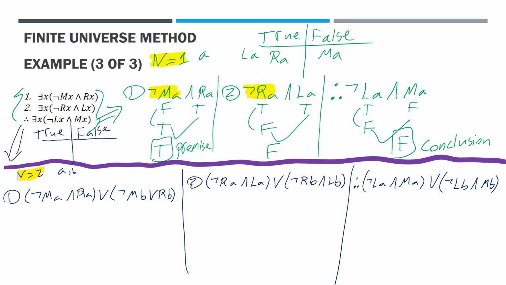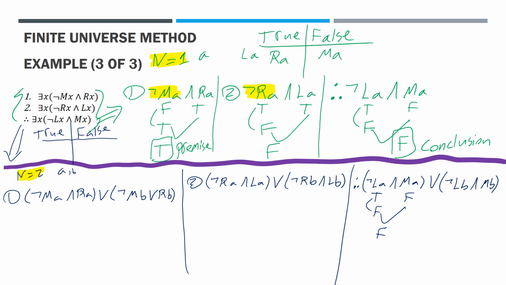We want that conclusion to be false, so let's try LA as true and MA as false. Because this is a disjunction, both options will have to be false at the end. So LA is being denied, so that turns into something that's false, and then we have this conjunction, false and false is false.